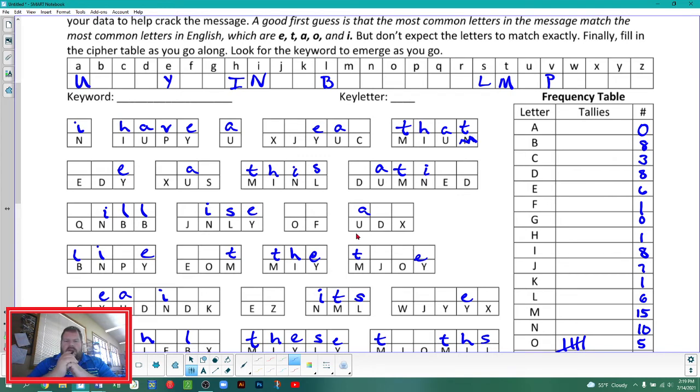But I do want to talk a little bit that we are dealing with a keyword cipher. Okay, so I see N here and I see LM blank P. That probably means that this is an O. Did I have any O's? I had 5 of them. So above O is U. That's what I'm guessing right now. And we are taking a lot of guesses, I understand.